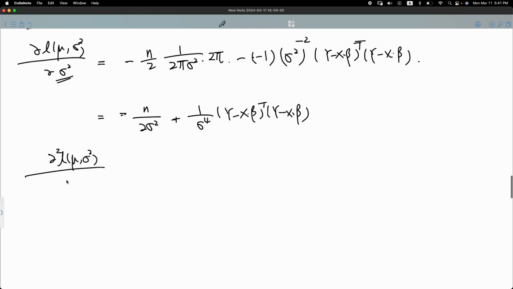And then we need a second order derivative. So we have a negative sign and then -1, n over 2 sigma square raised to the power of -2. How should we work on this one?